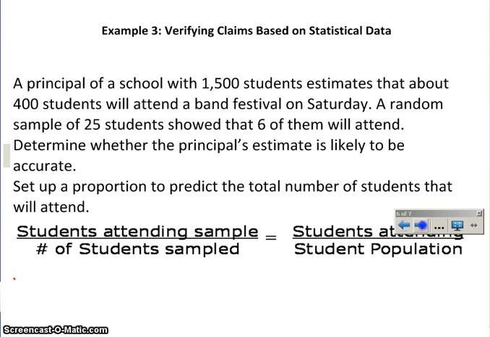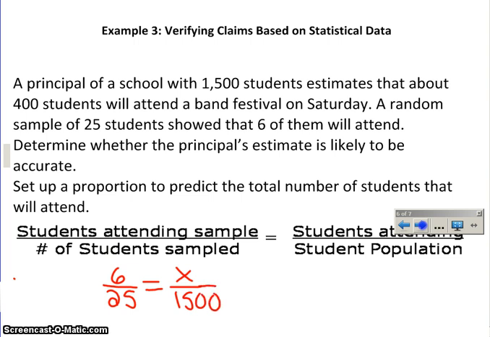Okay, so students attending out of the sample. Well, there were 25 students asked, but only 6 of them were going to attend. So 6 over number of students sampled, 25. So that's my numbers from our sample. Now I'm going to relate those to our numbers from the whole population. We don't know how many total students are going to attend, so that's going to be our X. But we do know that our total amount of students at the school is 1,500.